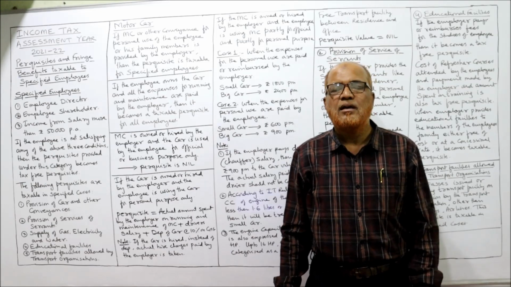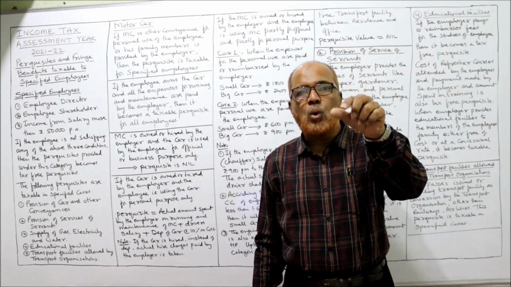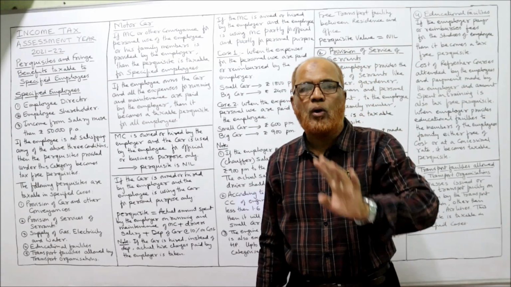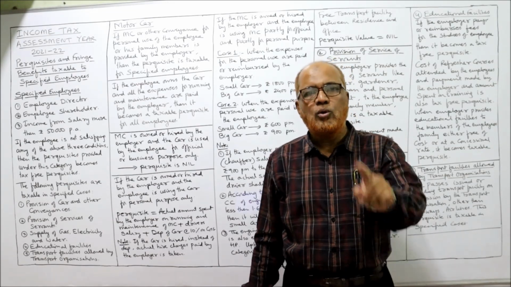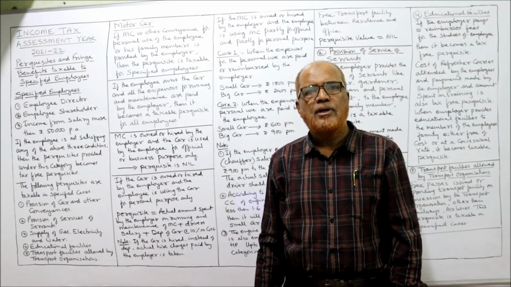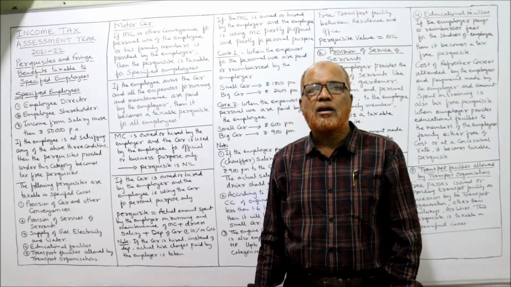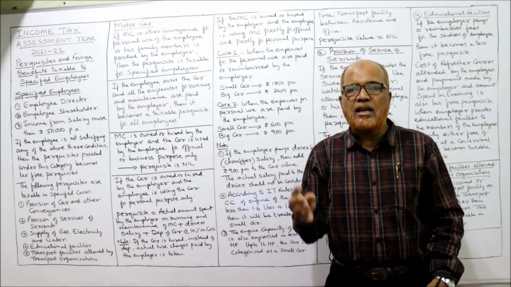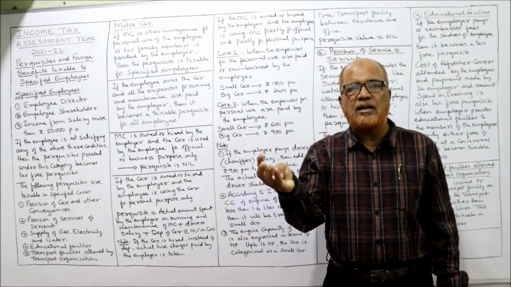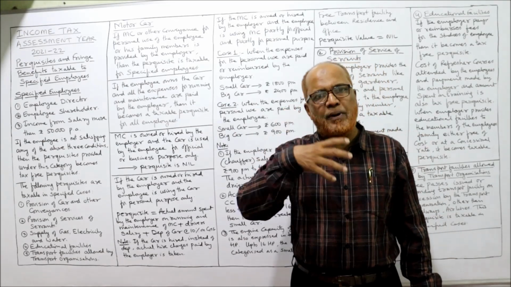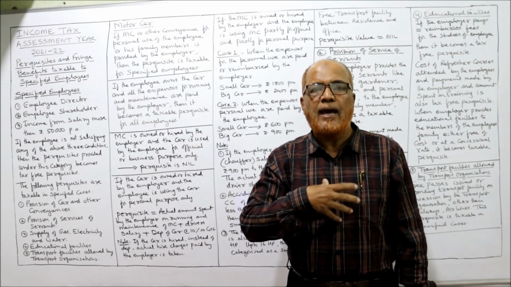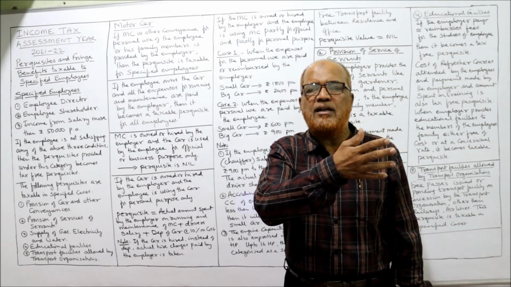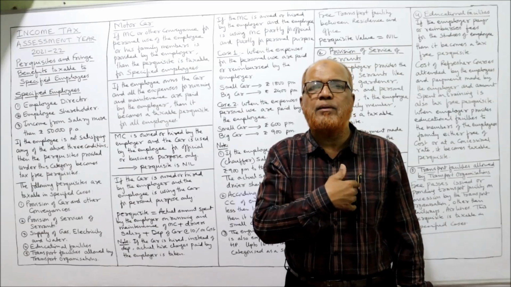What is the case? If the motor car is owned by the employee, for example, I am the employer, you are the employee, you are owning a motor car. In that case, the running expenses, petrol, maintenance, service, all these expenses are paid by the employer.